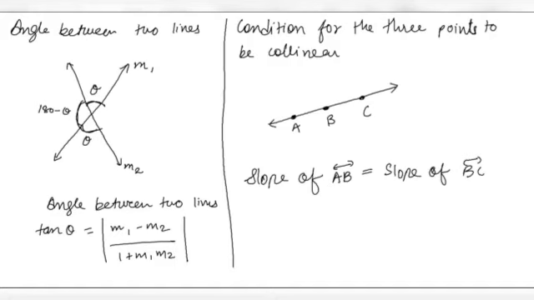We'll start with the very first sum of your exercise 10.1. Here, draw a quadrilateral in the Cartesian plane whose vertices are given, and also we need to find the area of that quadrilateral.